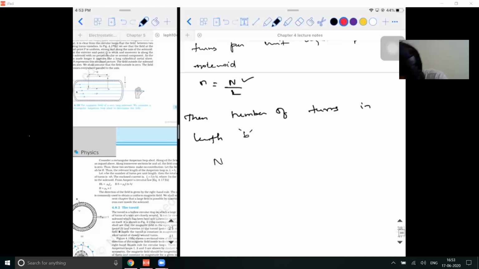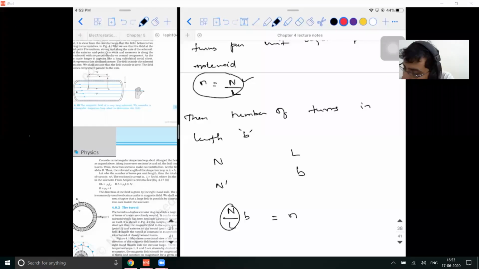If the number of turns is capital N in length L, what will be the number of turns, that is N dash, in length b? N by L into b. So N by L is nothing but small n. So small n into b will be the number of turns.